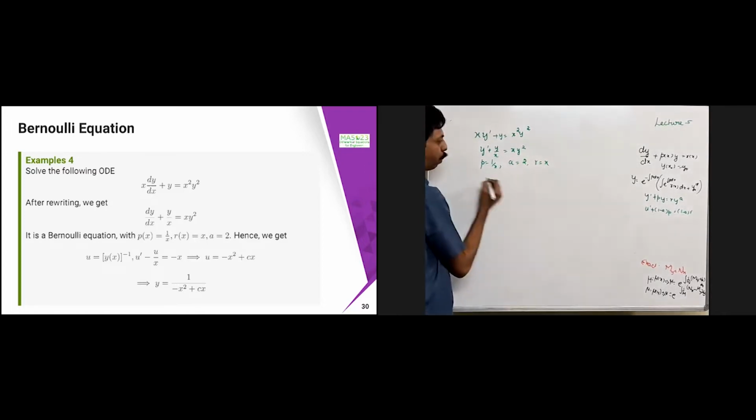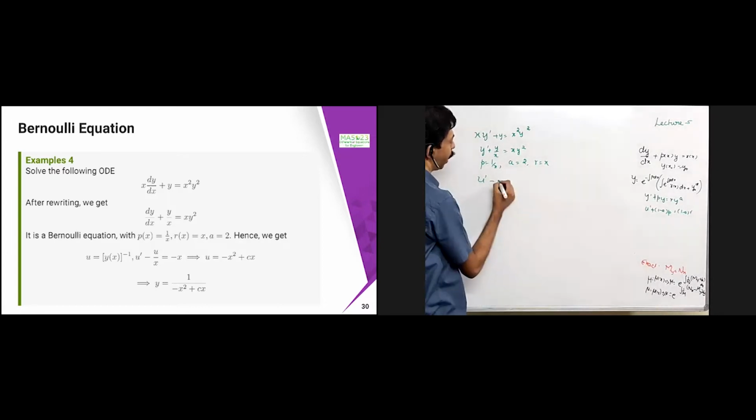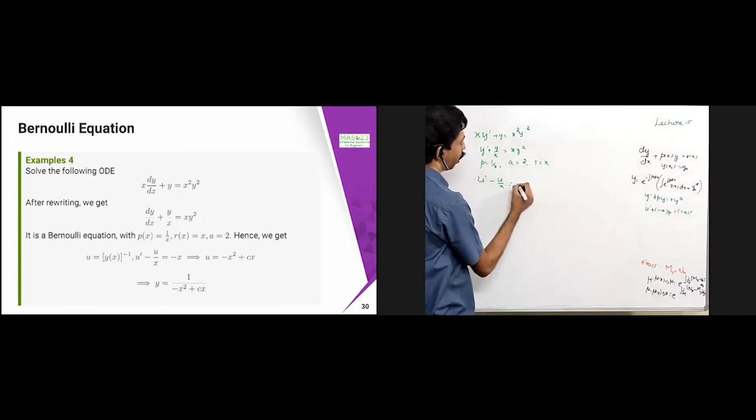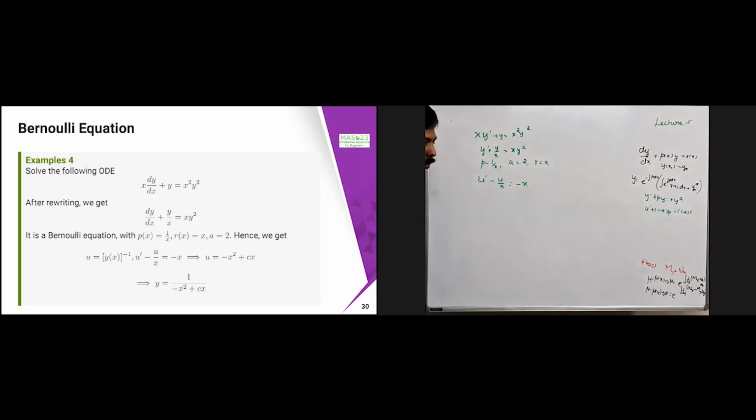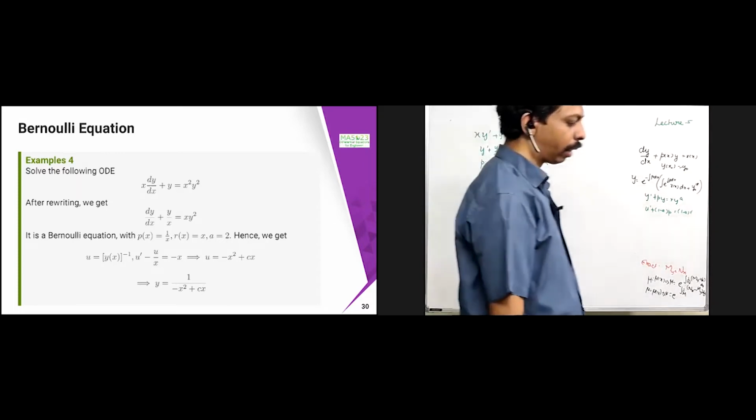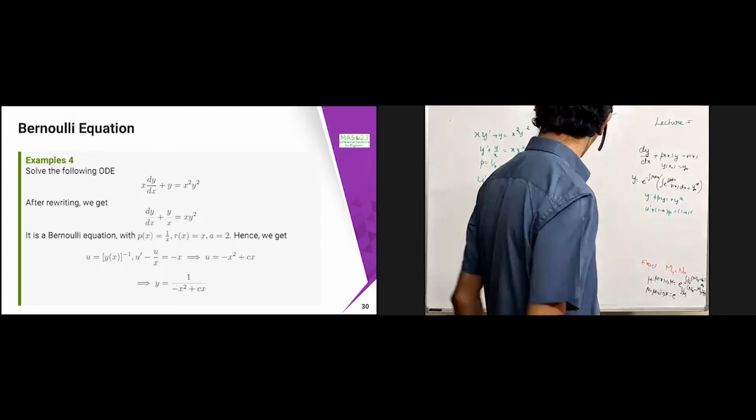Okay, therefore what is my equation is going to be u dash plus 1 minus a, that is going to be 1 minus 2, that is going to become minus. Okay, and p is nothing but 1 by x, so minus u by x equal to 1 minus a, which is nothing but once again minus, and then r is nothing but x. So this is going to be my equation. Okay, so u dash minus u by x equal to minus x.